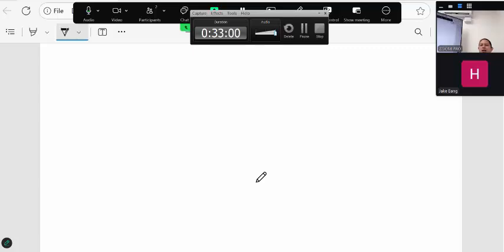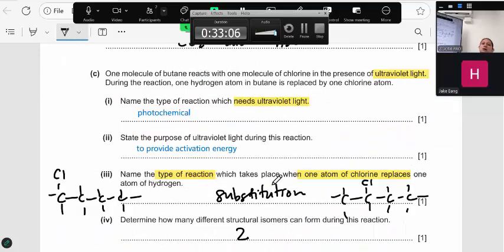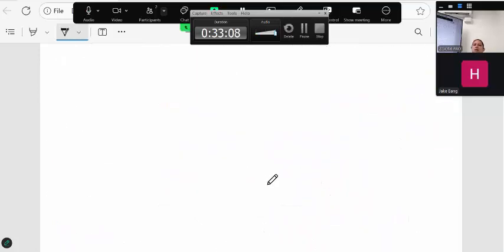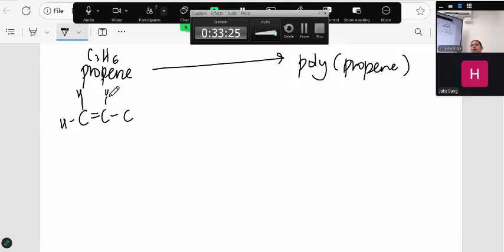You drew this one already? Yeah. Okay. Here up here got place. Now what happens when propene becomes polypropene? Propene is C3H6. Can you try and draw polypropene, please?